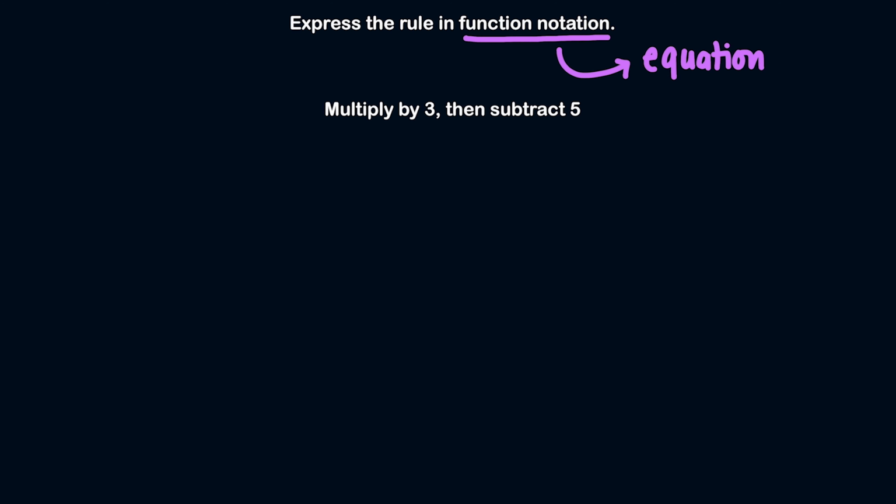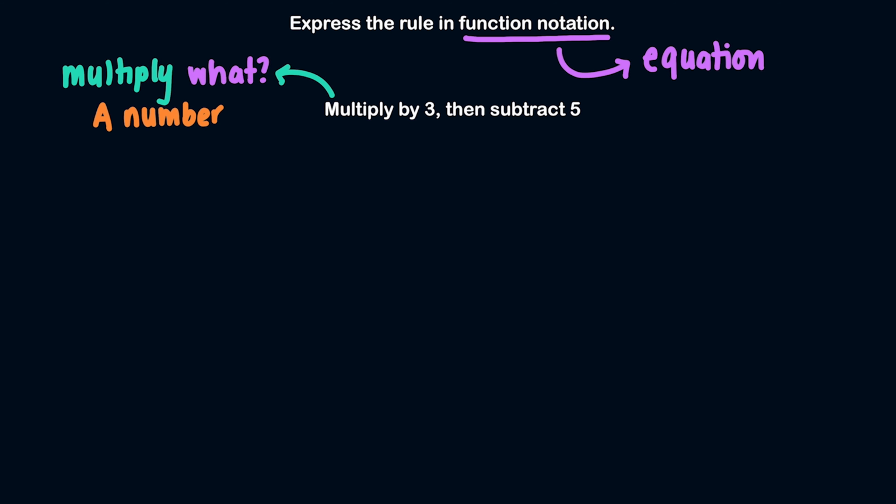Okay? Now, with this wording, it says that we want to multiply by 3. But maybe a question that's coming in your mind is, multiply what? Multiply what by 3? Yeah, we got to multiply a number.